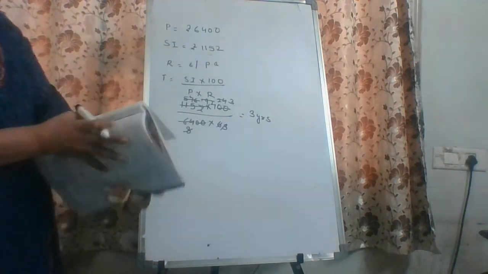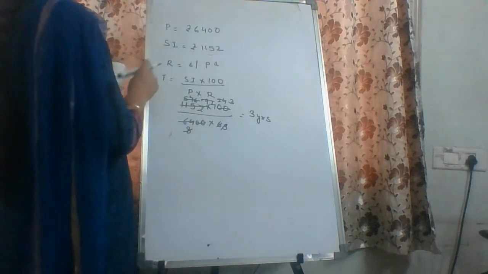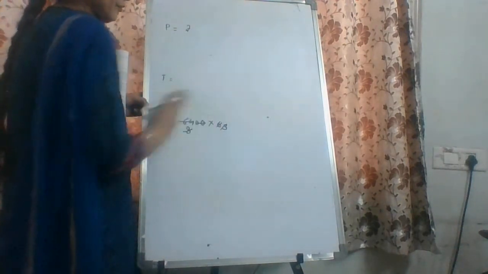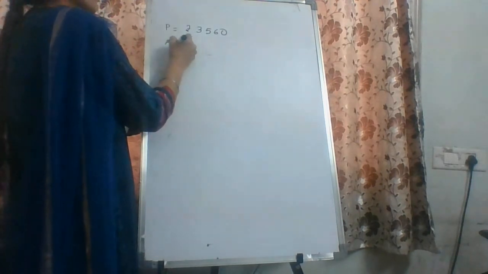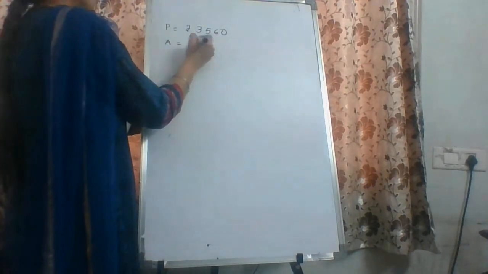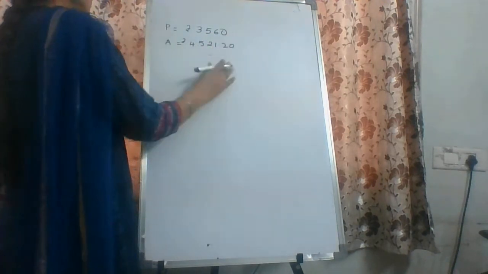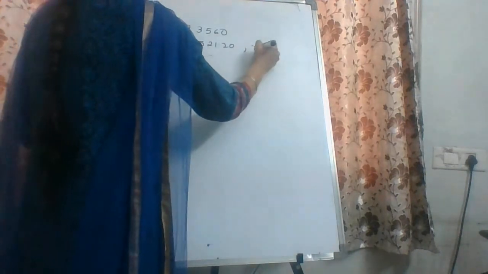Let us calculate the rate when principal is rupees 3560, amount is equal to 4521.20 and time is given as 3 years.